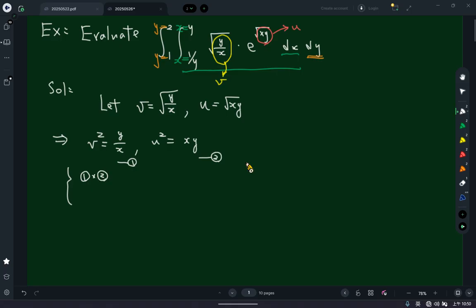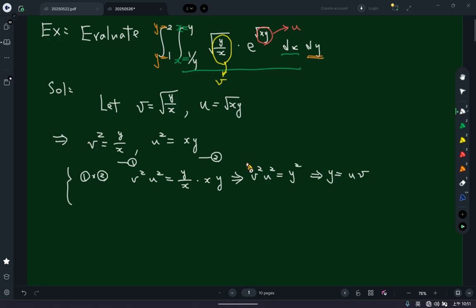So we have v squared times u squared equal to y over x times xy, so v squared u squared is equal to y squared, so that y is equal to uv. Why can we have this? We simply multiply these two equations.